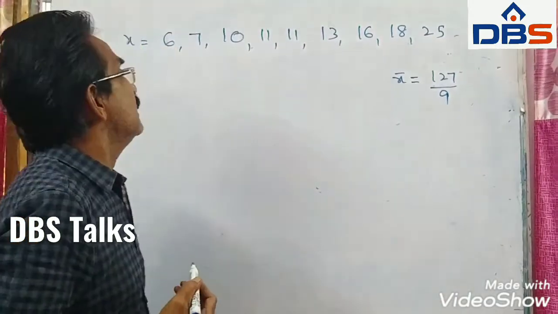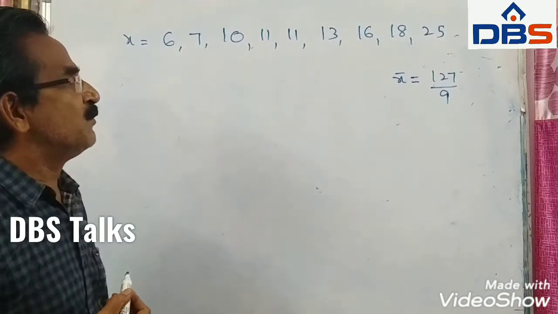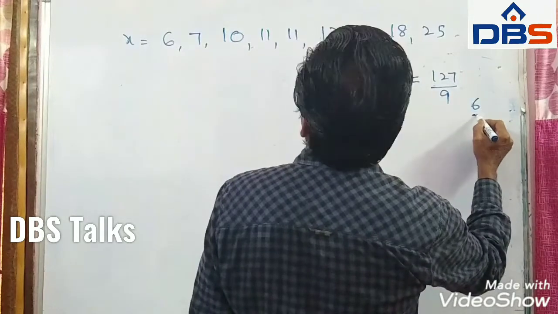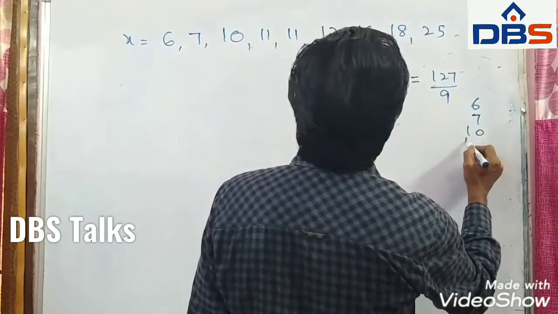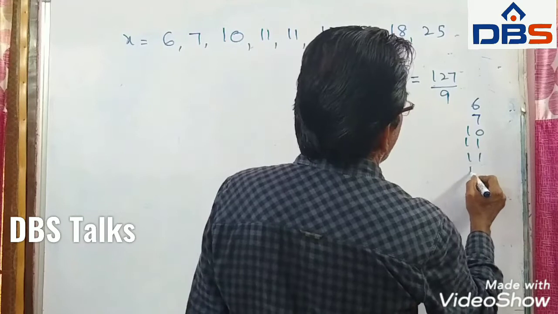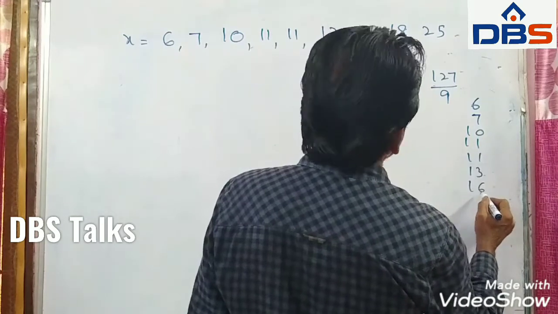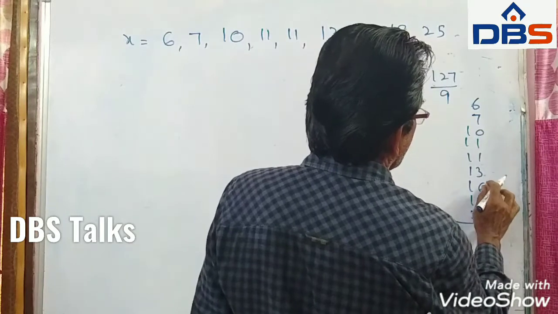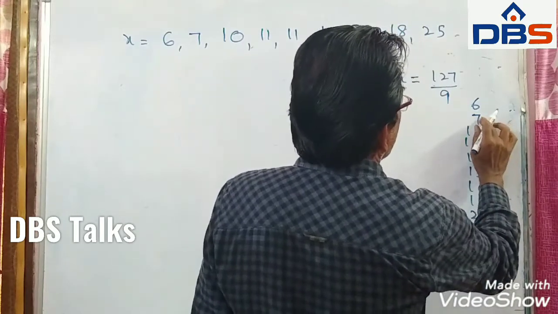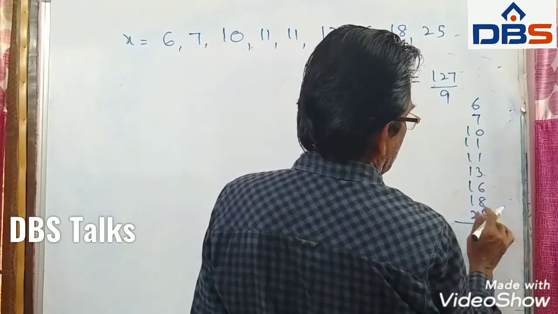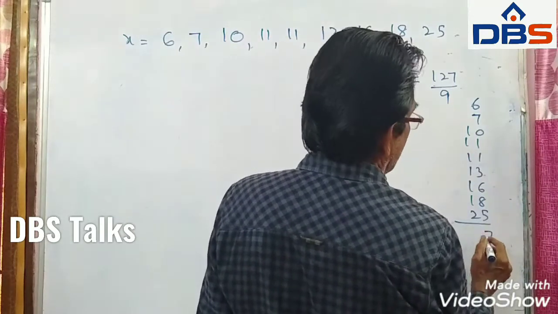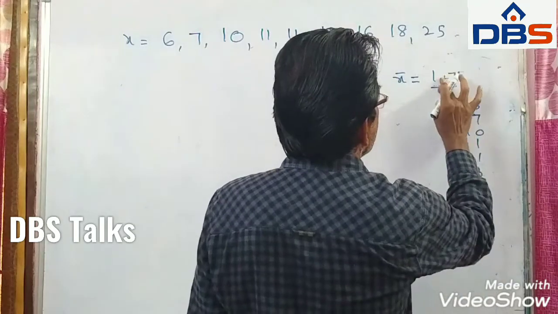So x bar is equal to 127 by 9. Let us sum up again once to avoid any doubt.